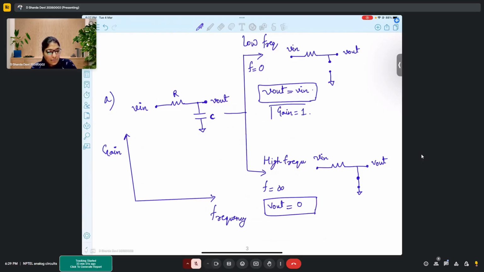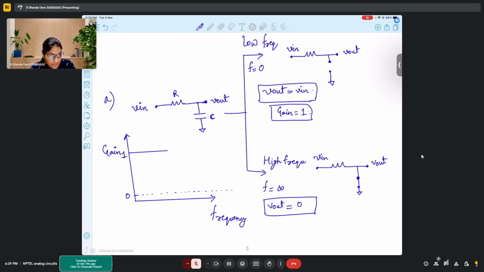So in lower frequencies the gain is 1. Let's say until some frequency the gain will remain constant at 1. At higher frequency, this is 1 and this value is, say, 0.